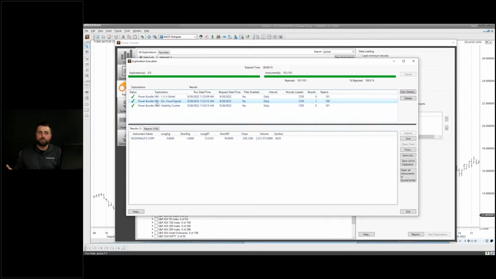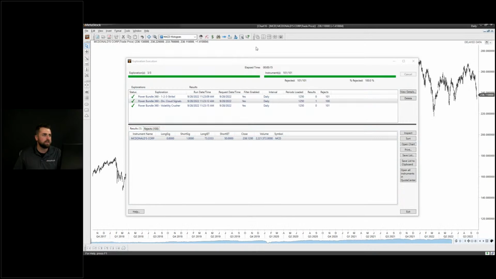But that's actually good. That saved me from looking at 100 charts with 3 different templates, so really 300 charts, to let me know that, hey, only McDonald's has the divergence cloud signal on a short right now. And let's actually go ahead and see what that looks like.